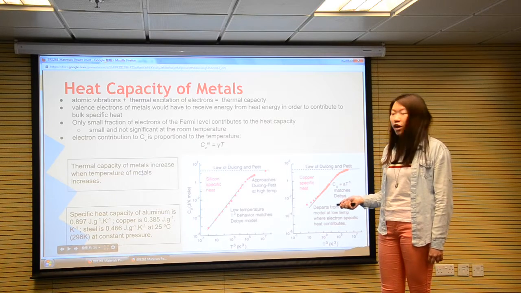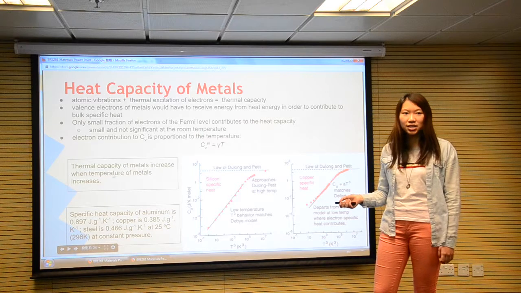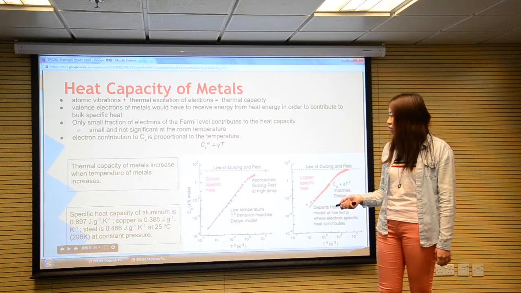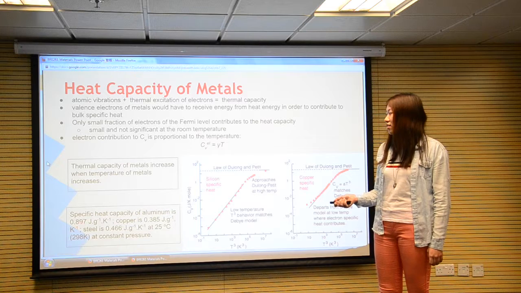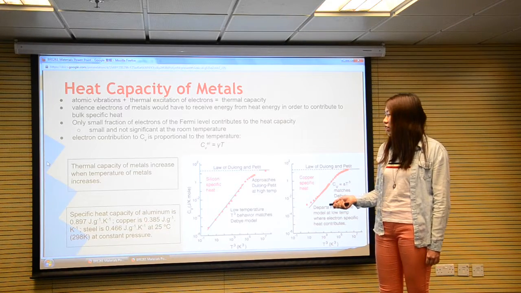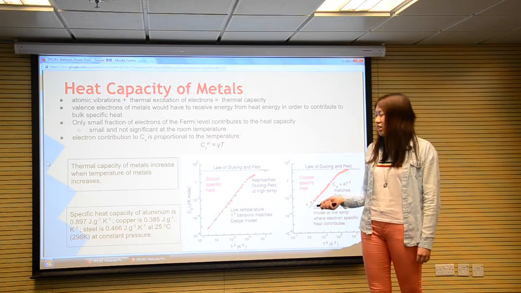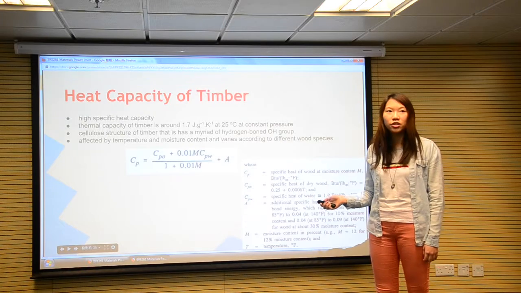And from the data we collected, we found that the specific heat capacity of aluminium is around 0.897 joule per gram K, copper is 0.385, and steel is 0.466 at 25 degrees Celsius at constant pressure.